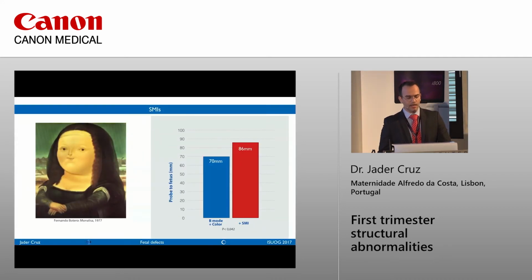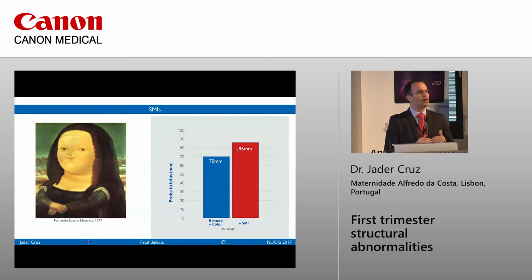And better than that, even in situations that are more difficult. This is tricky. We measure the distance from probe to the fetus, and then we consider if you look at all the structures that we should look at in the heart, and that's the average distance from probe to the patient at which you can see all the structures without SMI. And the average distance is 70 millimeters, 7 centimeters.